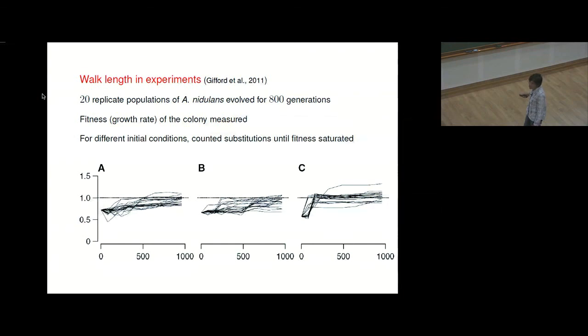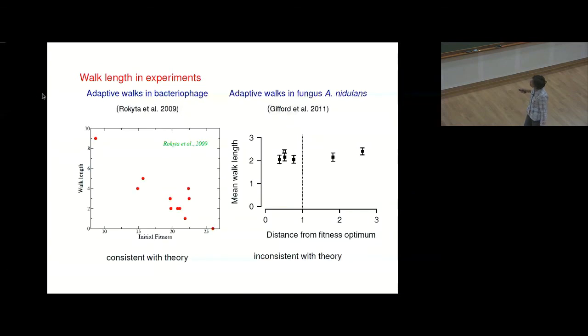So this is their data, mean walk length, and they find it's a constant. So we said no, you're wrong, but they're saying no, okay, I don't know. So this is the experimental answer in one experiment, but there are other answers, like in viruses, where there is more structure.